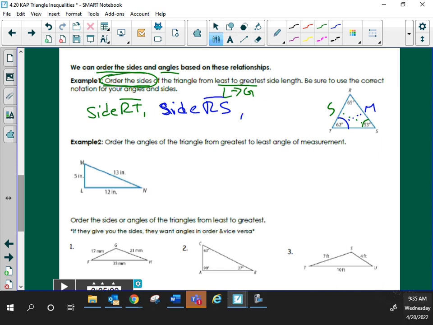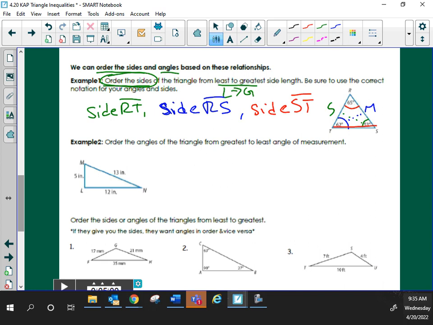And then lastly, side ST. So I like the alphabet. Are y'all seeing that?